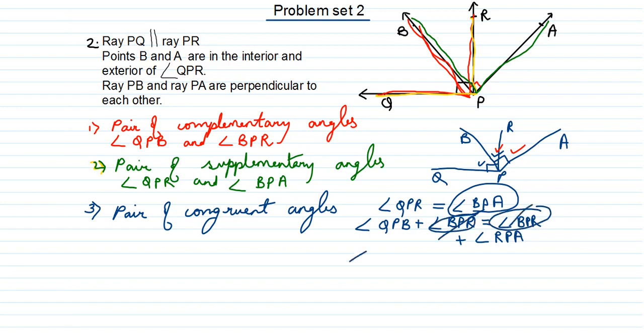What remains is angle QPB is equal to angle RPA. That is, they are congruent to each other. So we get the last pair which we wanted, that is angle QPB is congruent to angle RPA. We'll write down the pair over here, that is angle QPB and angle RPA. That's it.